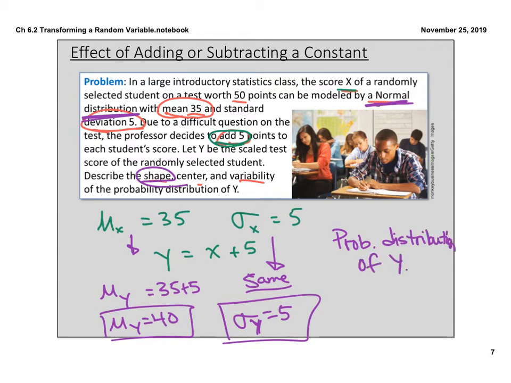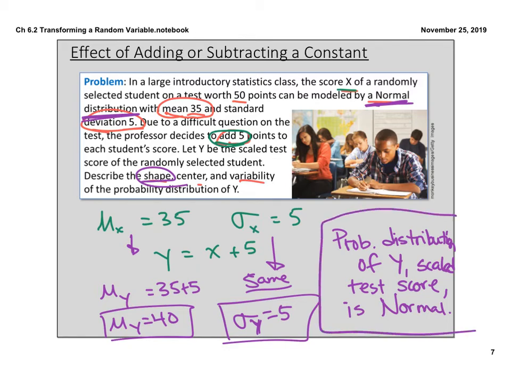Of Y, the scaled score, yeah. Did they say approximately normal? Modeled by a normal distribution. So we'll just say is normal. There you go. So you've got the center, you've got the spread, and you've got the shape.